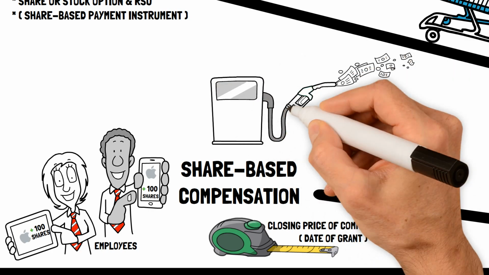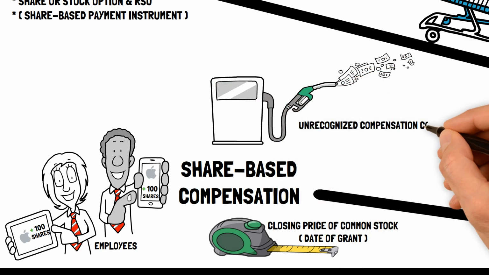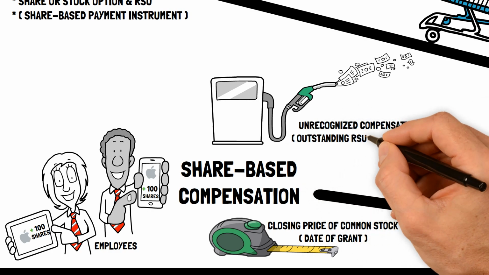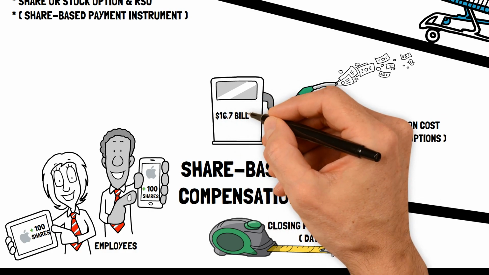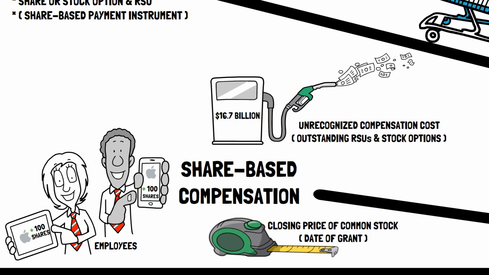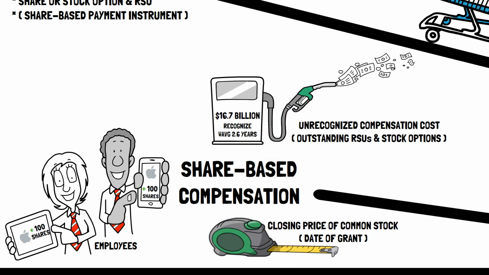As of September 24th, 2022, the total undetermined compensation expense associated with outstanding RSUs and stock options amounted to $16.7 billion, and the company anticipates recognizing this over an average weighted duration of 2.6 years.